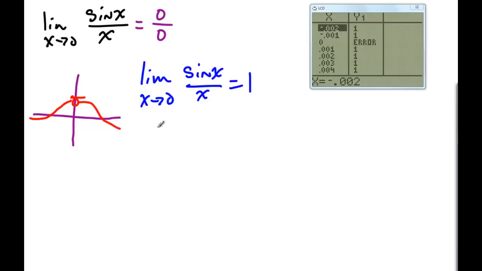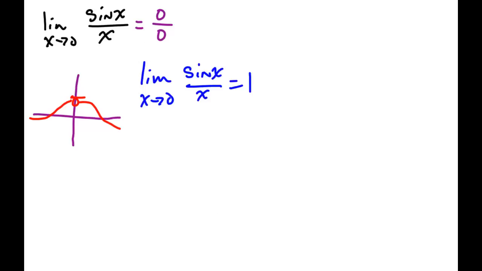Therefore, we're still able to draw this conclusion that sine x over x is 1. Okay, and that's something we need to know, and something we need to share and learn and just bring into our brains.